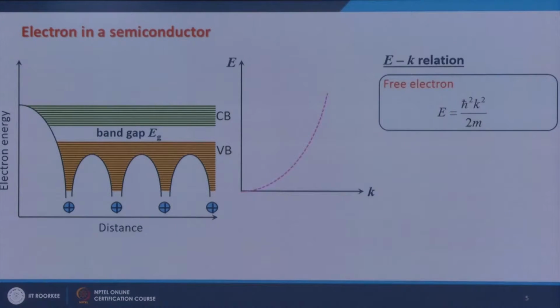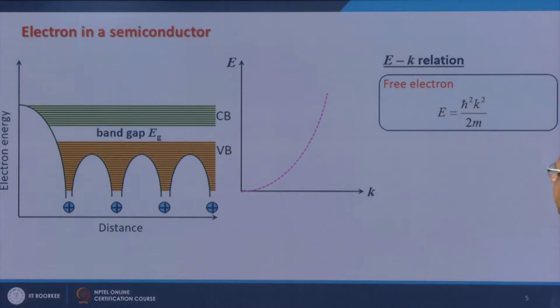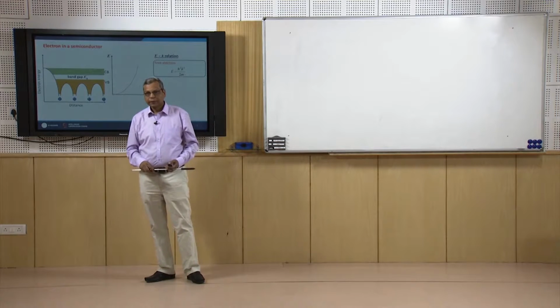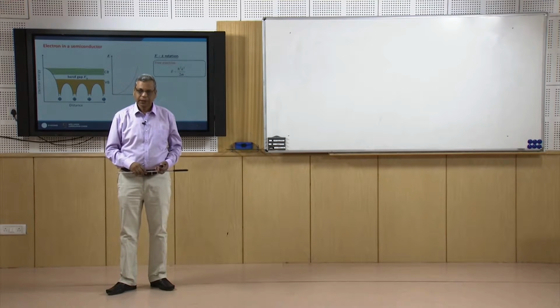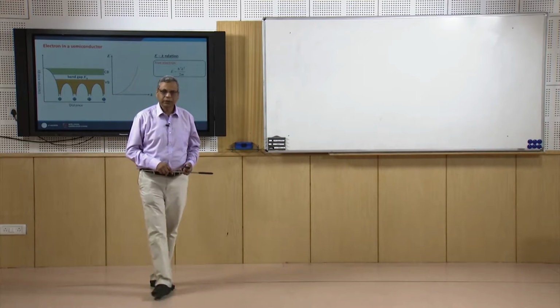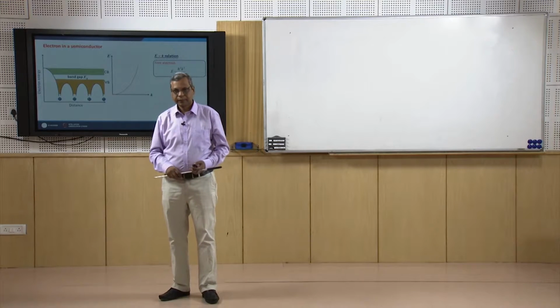If I have an electron in this kind of solid, then how does its energy vary with k? K is the wave vector. I know that if an electron is moving, then a moving electron has a momentum associated with it, and a moving electron also has a wave associated with it.